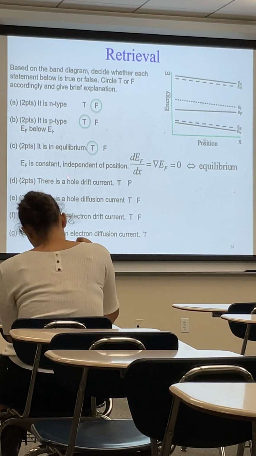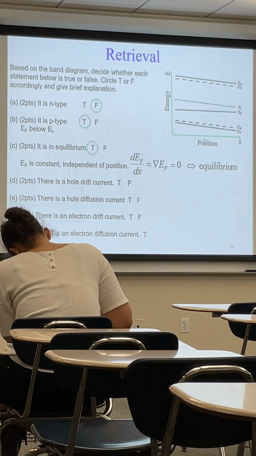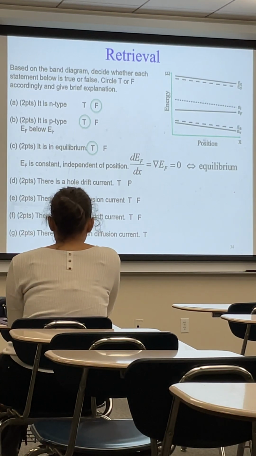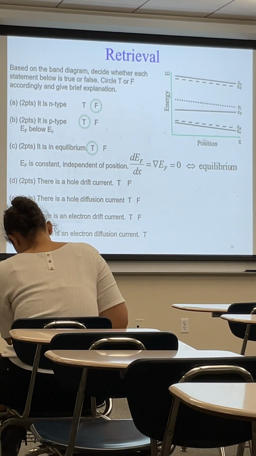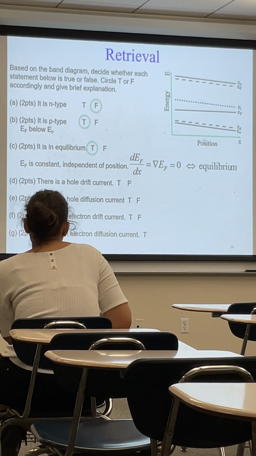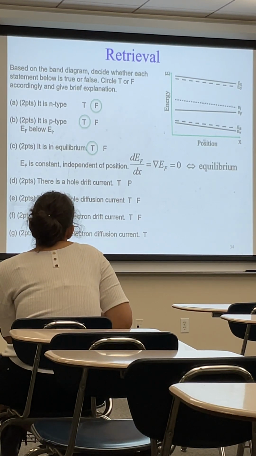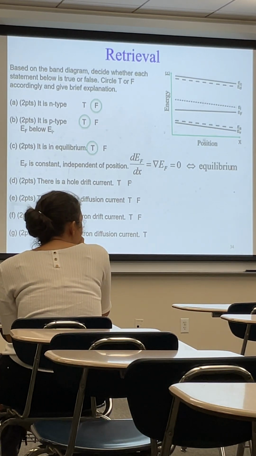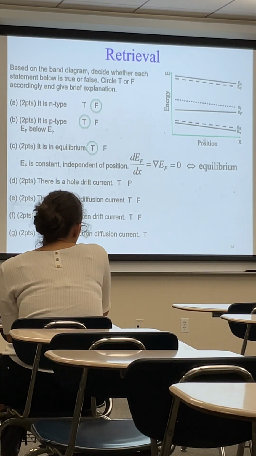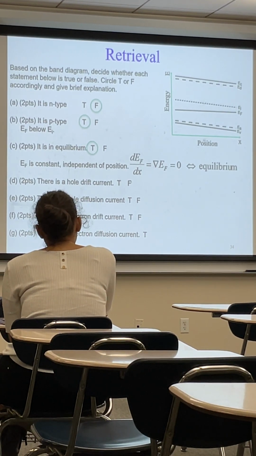And there is a hole drift current. True or false? True. Why? Because there is a non-zero electric field. Yes. Okay, so what's the electric field direction?